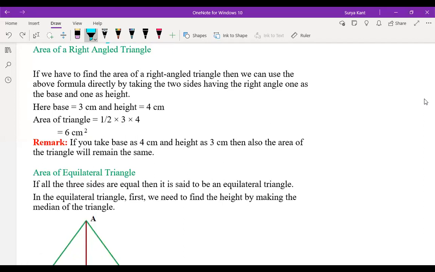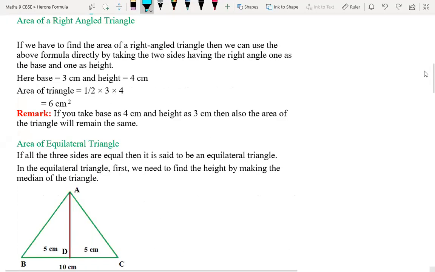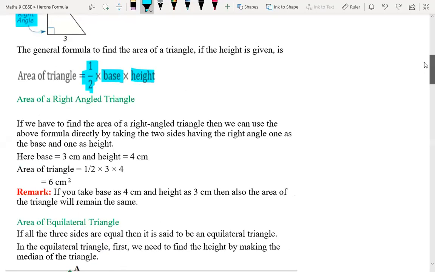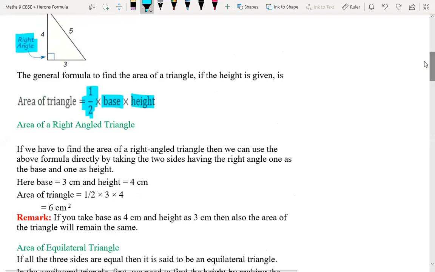Here base is 3 and height is 4. You have to take this as base, this as height. So the area of the triangle becomes half base into height, that is 6 centimeters square.